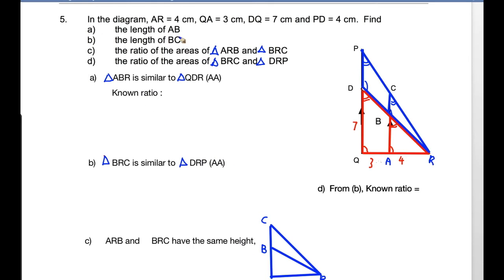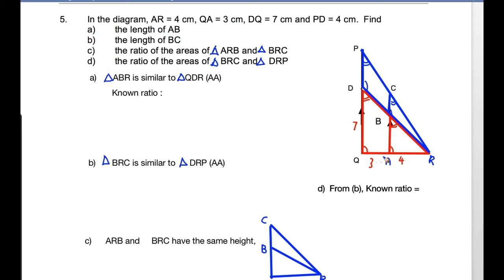In the first part, we need to find the length of AB. AB is this length here, which belongs to a set of similar triangles. Therefore, the first thing we need to do is to identify the similar triangles, which is ABR similar to QDR.